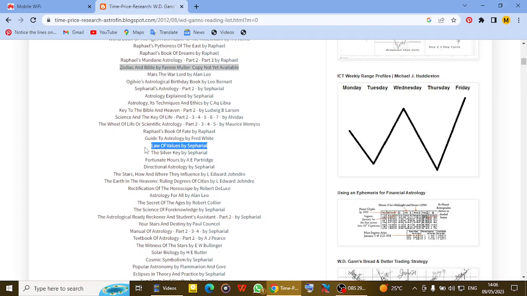Let's say you have bought UK stocks, for example. If you have assessed the fundamentals or the mundane astrological forecast of that particular location, which is UK, London to be specific, and you find that the economics of that location based on your forecasts are showing that the city is going to improve, right?